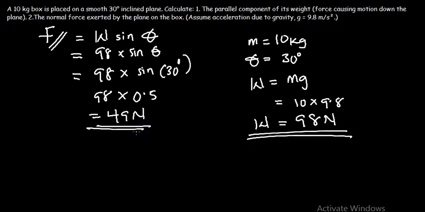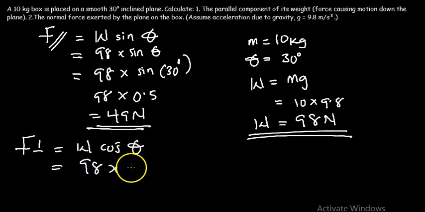The second thing we need to calculate is the normal force, which is denoted here by Ft. Notice that this is simply going to be W cos theta. The value of our W, which is the weight, is 98 newtons multiplied by cos 30 degrees. Cos 30 degrees on your calculator is simply going to be 0.866.